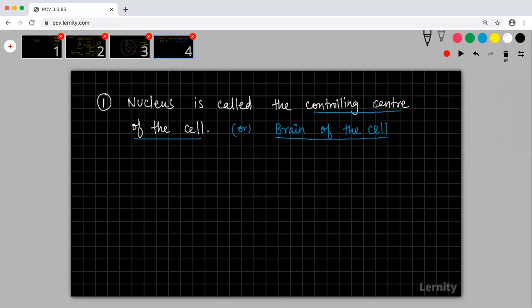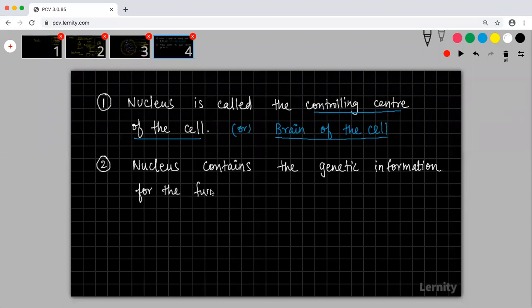Now the second point, what does it contain? Contains the genetic information for the functioning of the cell.